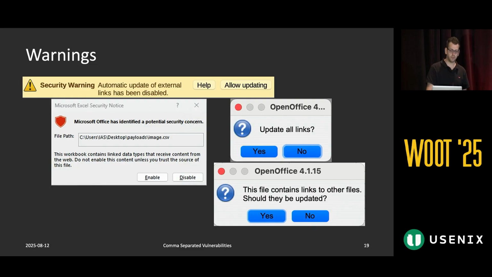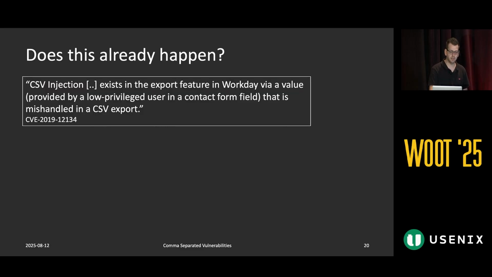And all of them only mention that maybe you load data, but none of them say you maybe send data. So the exfiltration is not part of these warnings. But now the question is, does this already happen? And the answer is yes, there are a few or a lot of CVEs.